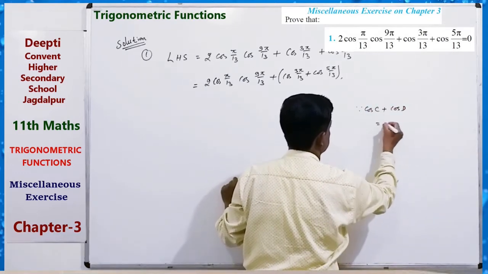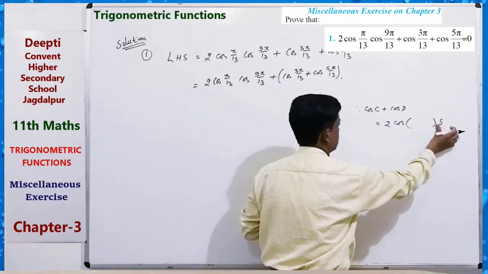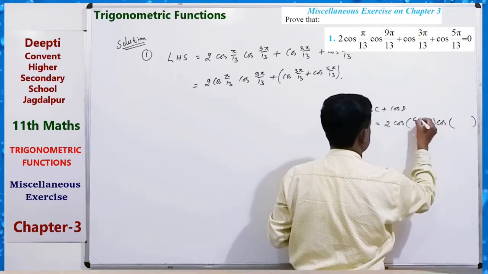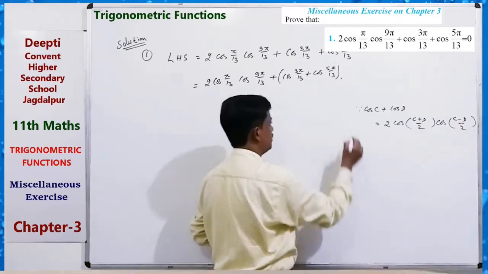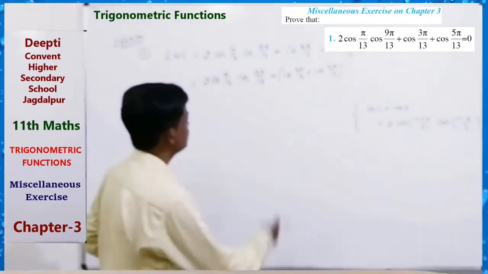Cos c plus cos d equals 2 cos (c plus d) by 2 times cos (c minus d) by 2. Clear? So this formula can be used here.